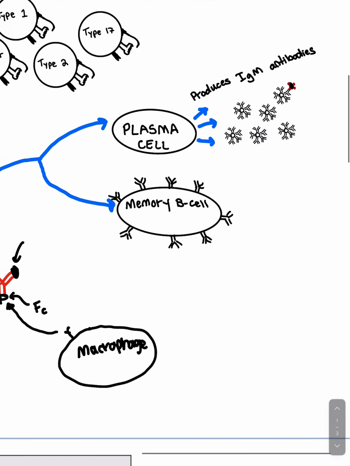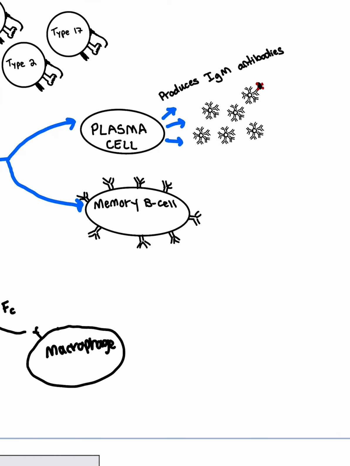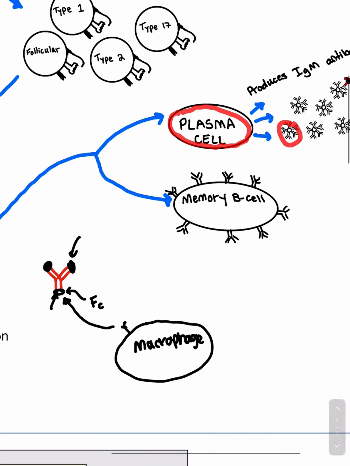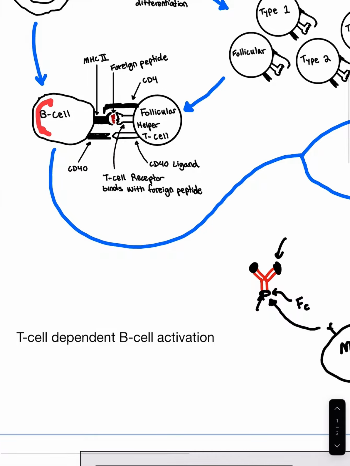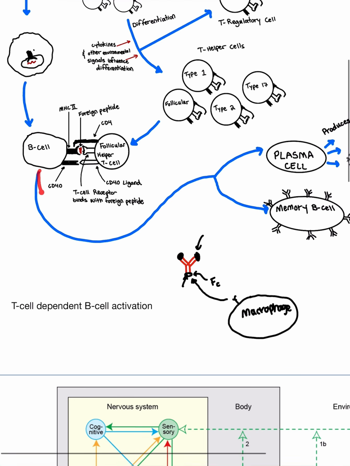So this process of producing antibodies is what we'll discuss. And these antibodies are produced by a cell called a plasma cell. And plasma cells are formed from B cells. B cells will eventually become plasma cells.